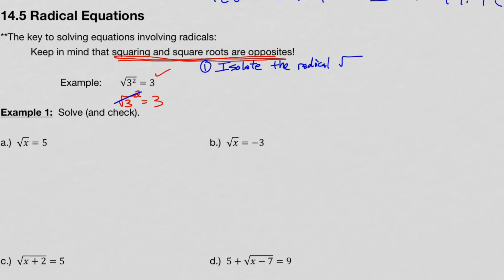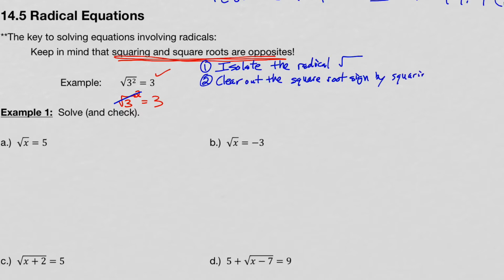Once you have that by itself, then you want to clear out that radical, or the square roots. We're going to do what we just talked about, which is squaring both sides.